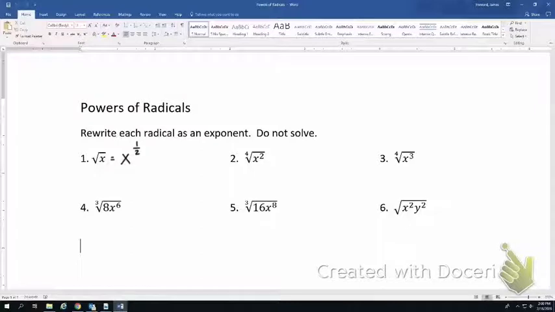So if I'm taking the 4th root of something, then I'm going to raise it to the power of what? 1/4. So I would have x squared to the power of 1/4, and now that is your power to a power property. So 2 times 1/4 is 2/4, which is 1/2.